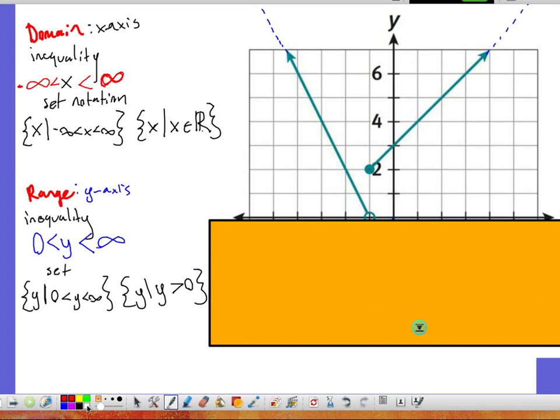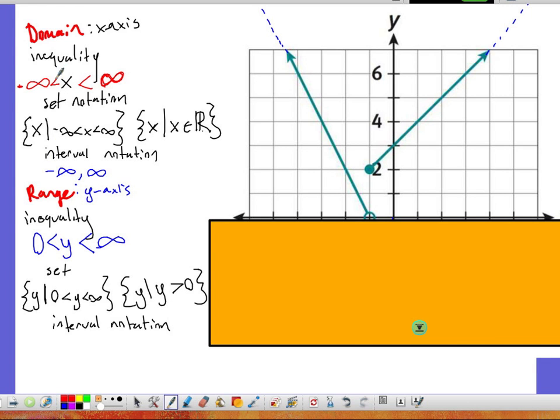Alright, finally we need the interval notation. Again, we're going to take our smallest value, write it on the left, take our largest value, write it on the right.